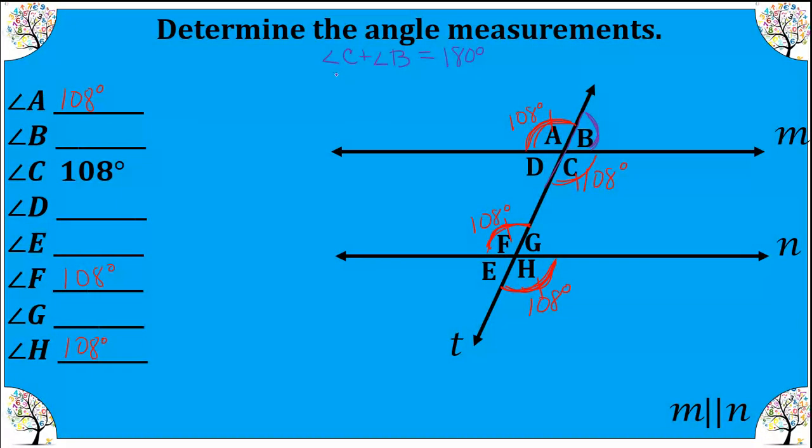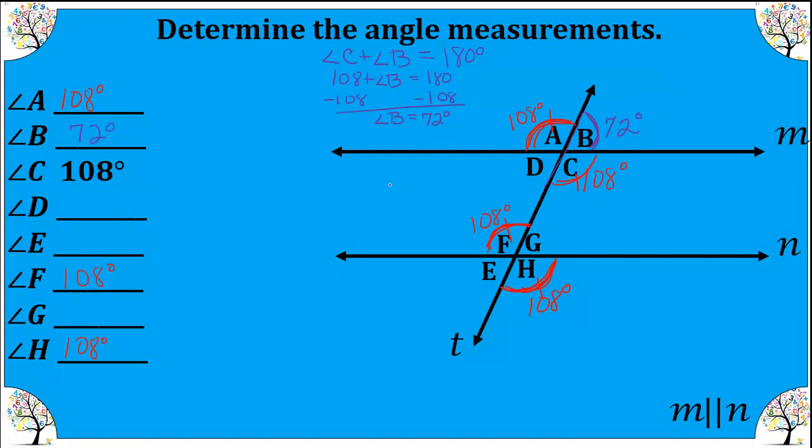And we know C is 108. And now we just need to do our algebra and subtract 108 from 180, our total of our line. And then we are going to get 72 degrees. So angle B is 72 degrees.